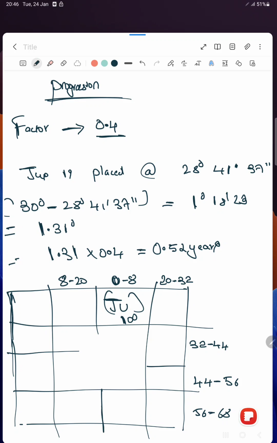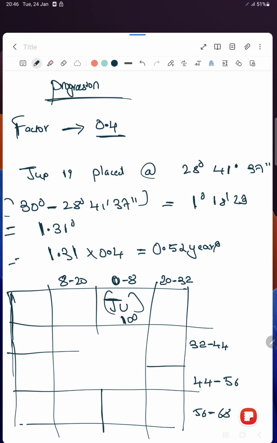But here the principle is, let us assume Jupiter is at 12 degrees. So how many degrees does it have to cross? 18 more degrees. Means for 15 degrees it is 6 years, then for another 3 degrees we may take close to another 1 or 1.5 years, right?